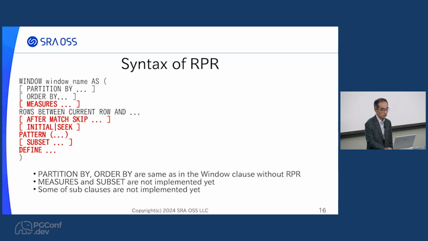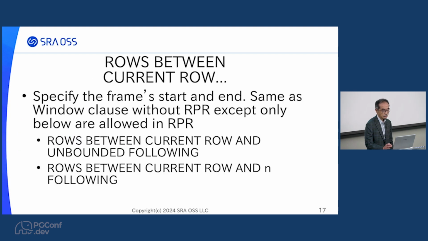This is the current status of my implementation. First, I'm going to discuss rows between current row. This clause already existed in the existing window clause. The only difference is that in RPR, these two types of syntax are allowed.